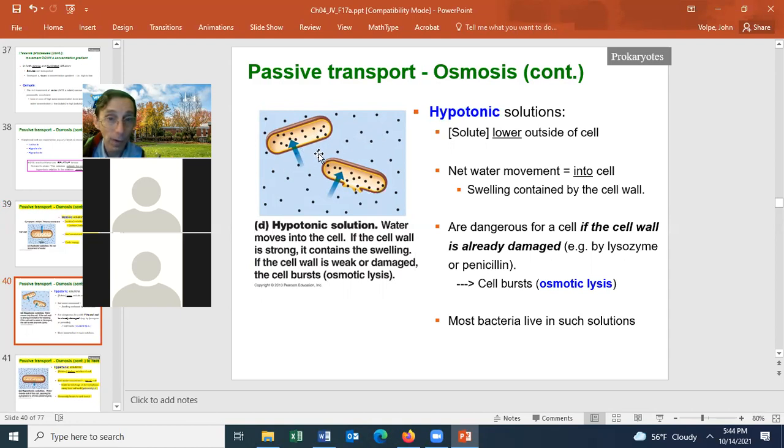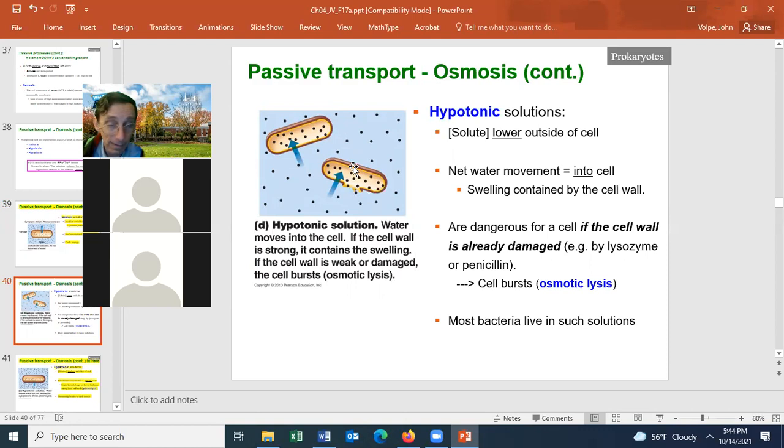That means there's more water outside the cell, and so water will move into the cell. That will swell the cell membrane. And if the cell does not have a cell wall to protect it, the cell membrane will expand until it will eventually burst. And then the cytoplasm will leak out of the cell, and that will kill the cell.